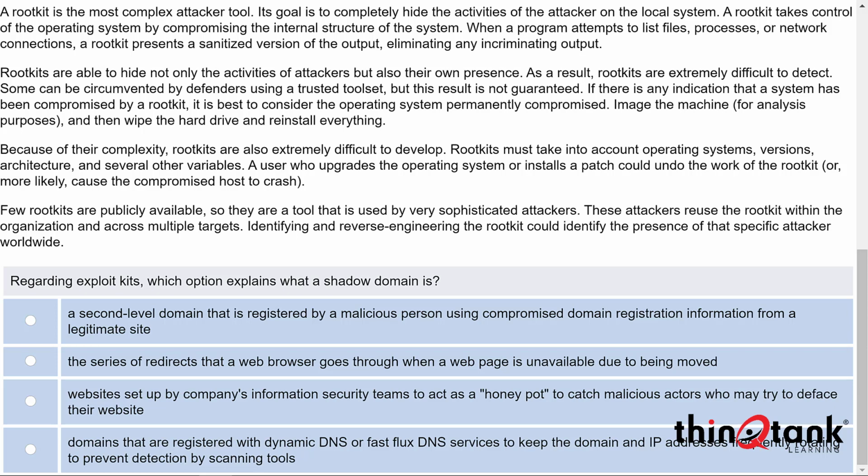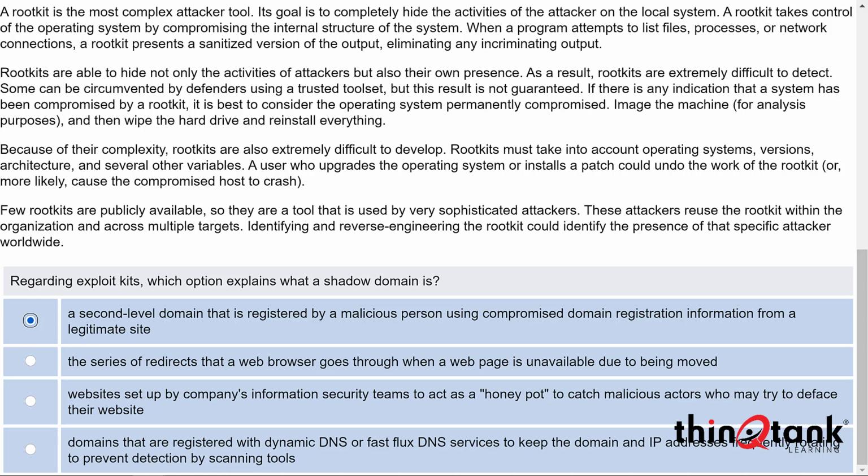Being able to just optimize search engine results and so on. But the overall concept is still the same. We are creating a second level domain that is registered maliciously so that we can then spoof a primary domain, or trick individuals into thinking that they're accessing a primary domain. So the rest of the answers wouldn't be correct here.